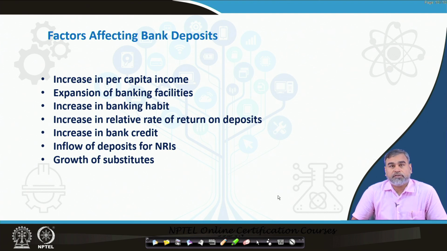If branch expansion is happening and banking services are available to everybody, then deposits may increase. Increase in banking habits. So, if somebody is really interested in getting these banking services, then there is a possibility that it will affect the bank deposits.